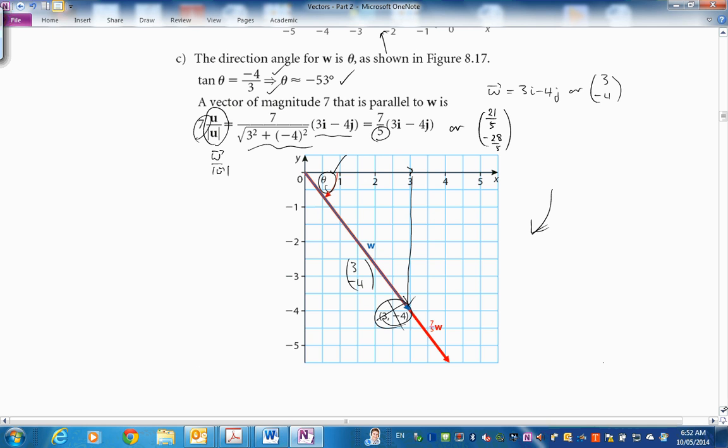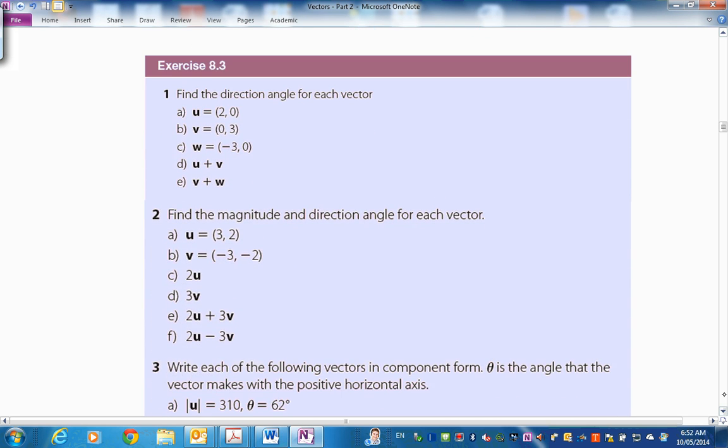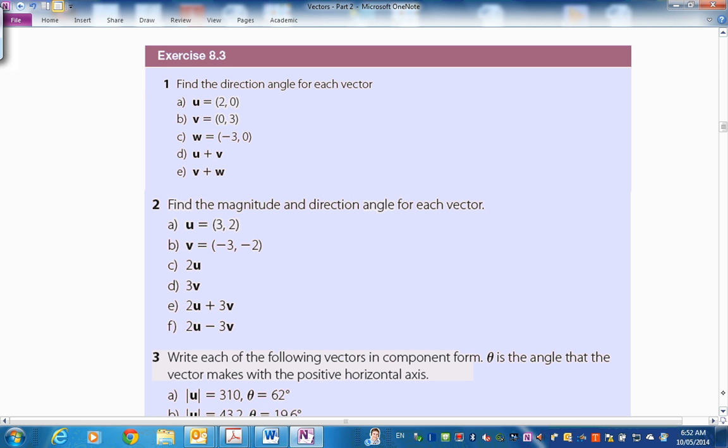We don't do much with vectors in this course. We learn the basics only. Here are Pearson's exercises. So what I want you to do, direction angle, we can interpret that as the angle made with the positive, remember, direction of the x-axis. That's important.